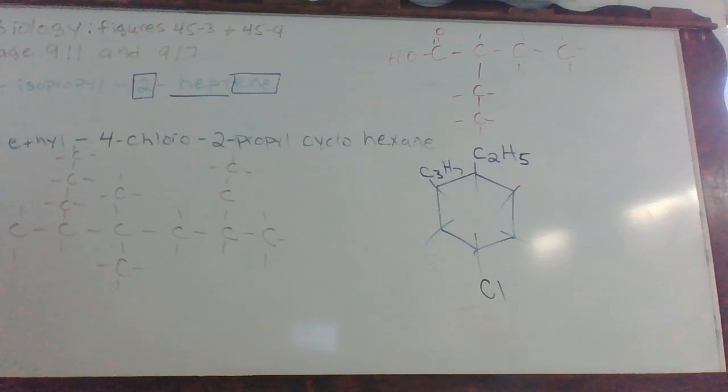So what do you think is easier? I would be led to believe if you see the name of the compound, it's probably easier writing it as opposed to when it's already written, then you have to decipher what the compound really is. Would you agree with that? Okay. So can we erase that cyclohexane?